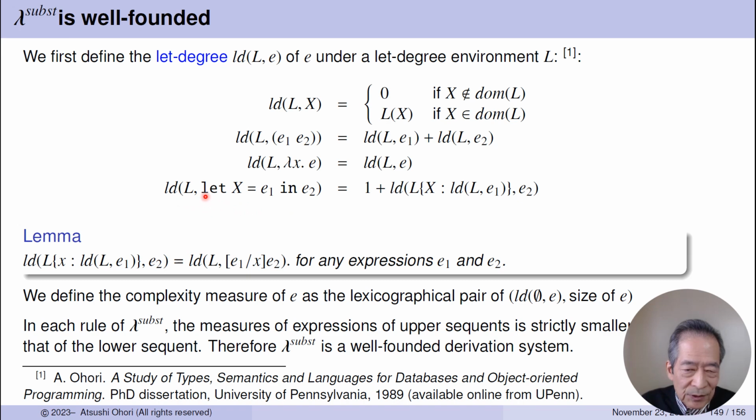The point is to define the complexity measure of this let expression, so that this measure is bigger than that of substituting x in E with E1, the potentially bigger expression. You need to make the measure of this expression bigger than the expanded one. So this is an important lemma.